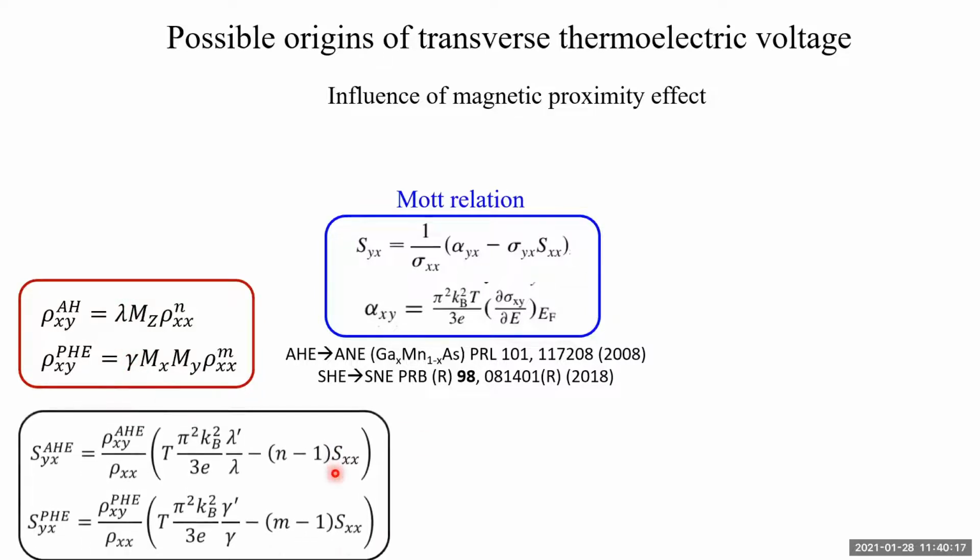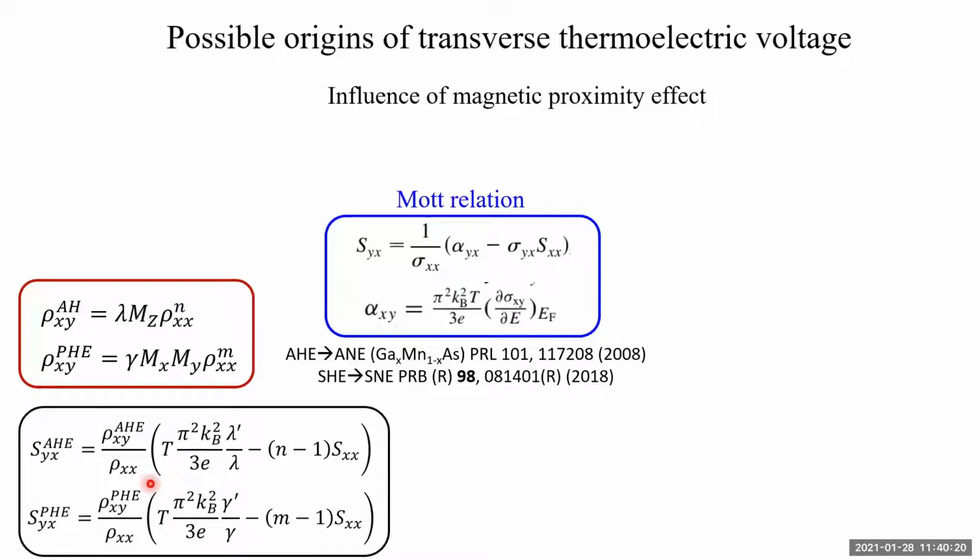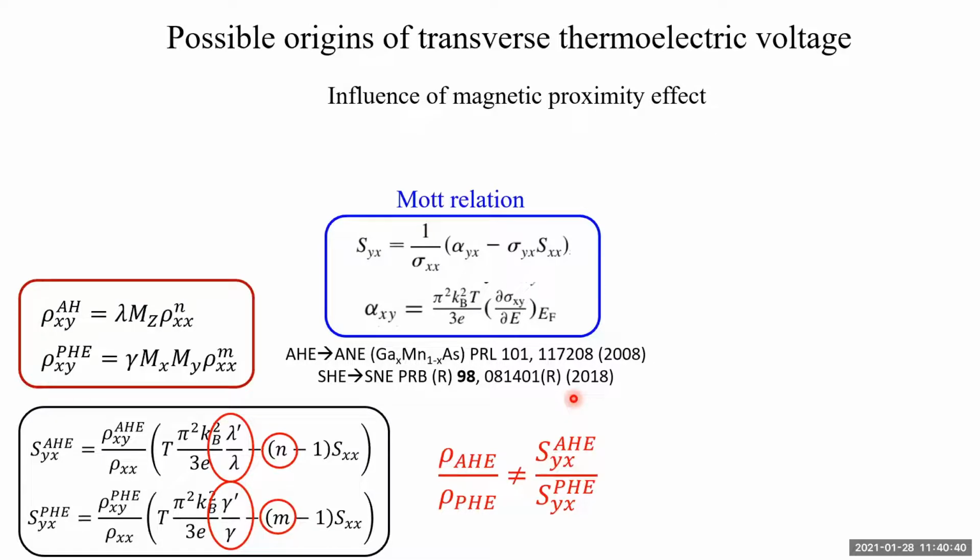And if you convert this expression into this, then ANE and PNE would convert into this. So it will depend on the energy derivative of lambda and gamma. These values are not necessarily the same. So the final point is that in a material where we have PHE and AHE when we run electric current, we cannot simply say that it will scale in the same manner when you run a thermal gradient.